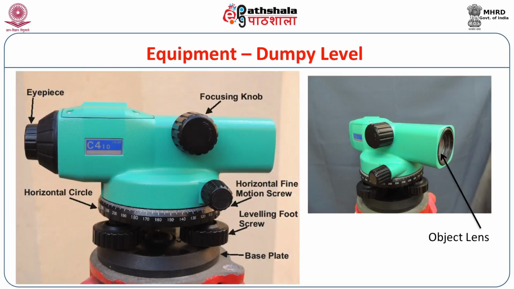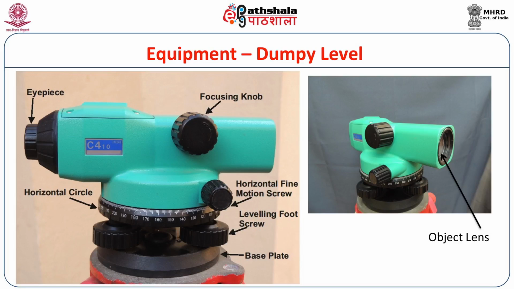The dumpy level has various parts. The important parts are eyepiece, that is through which we usually see and take the readings, focusing knob to focus the telescope to take proper readings, then the horizontal circle to know the angle at which we are taking the readings.